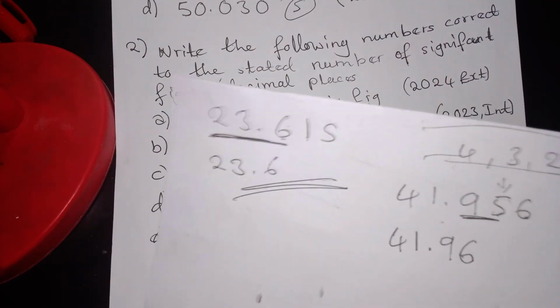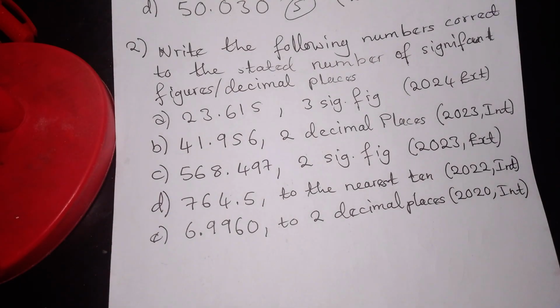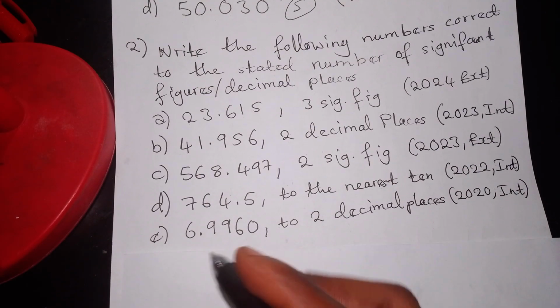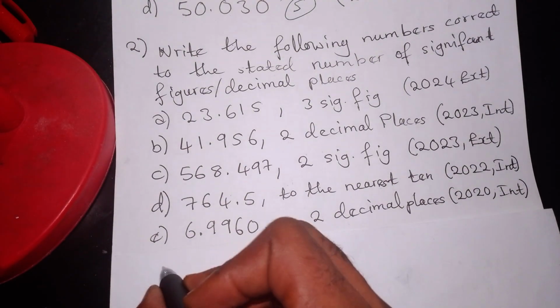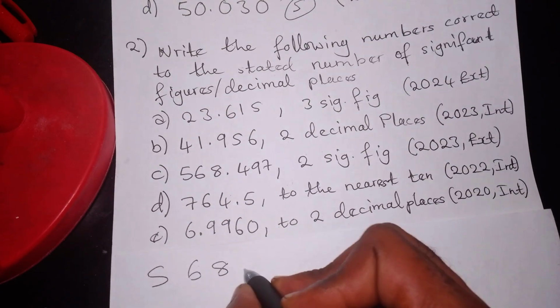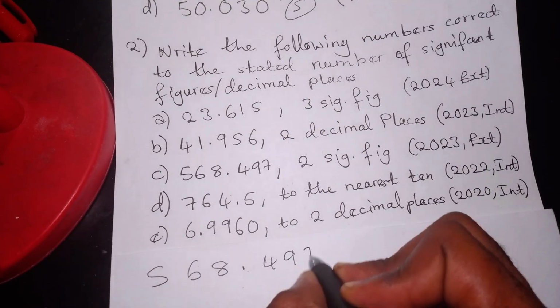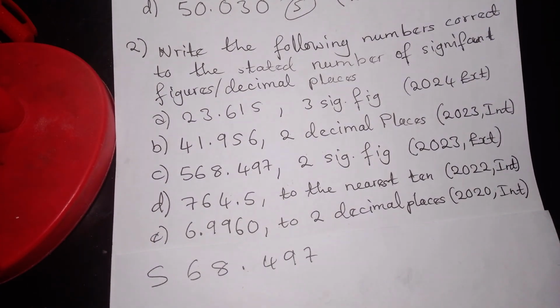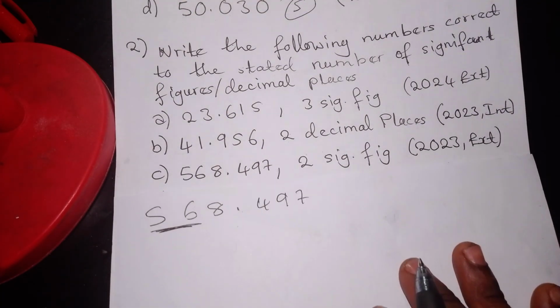And then the next one, we have 568.497. We want to round this number off correct to 2 significant figures. So you want to concentrate on these 2 here.